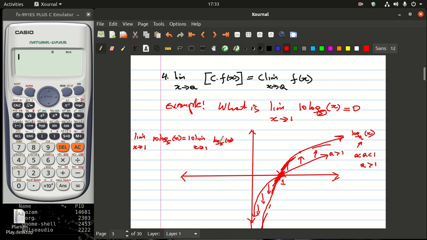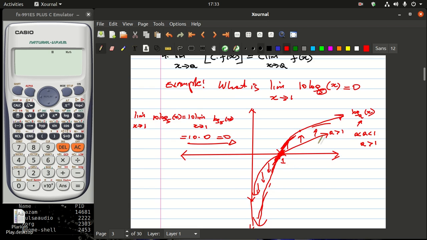We know that this function is defined everywhere from 0 all the way up. Because of that, when I pick a value close to 1, I know that the output would be 0, so it's 10 times 0, which is just 0. That's what that rule is saying: pull out the constant in front and then take the limit, and then you will be able to find the limit.